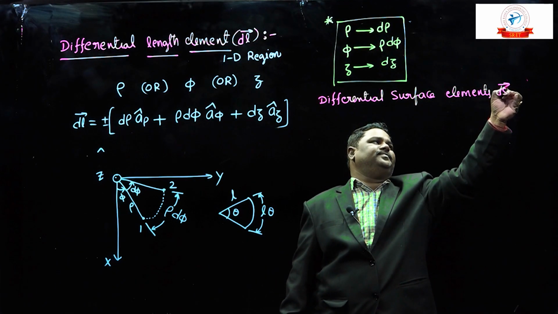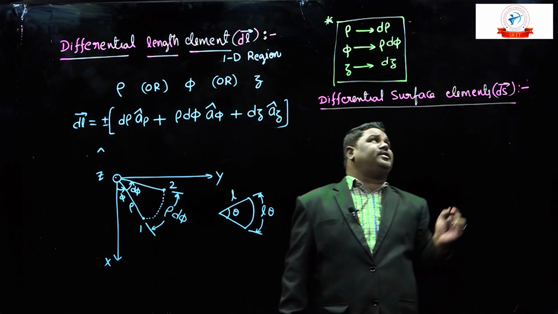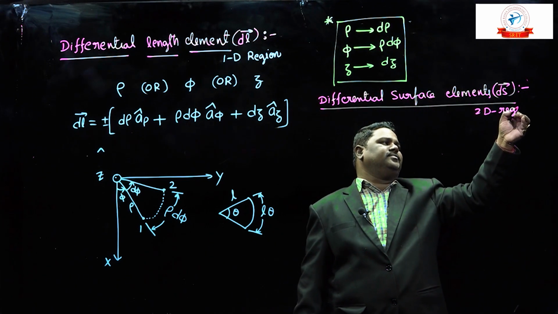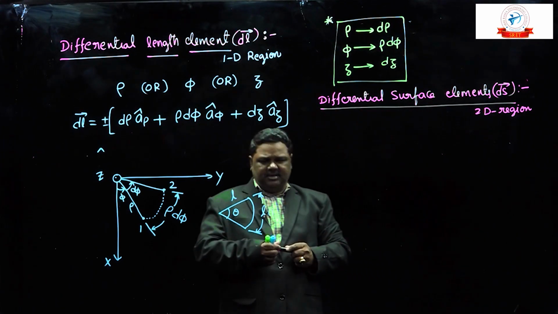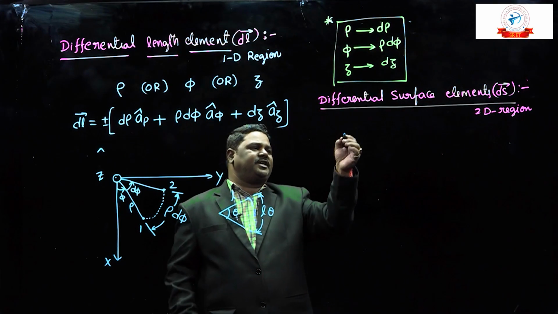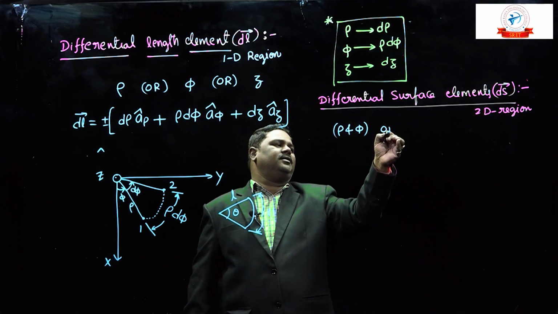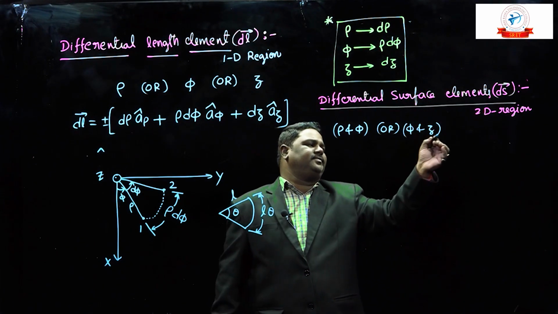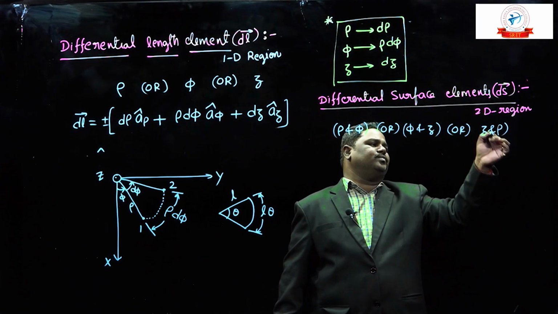We know that surface elements are two-dimensional regions. That means the surface must have two dimensions or should be constructed with two coordinates. So a surface will be constructed with a combination of rho and phi, or phi and z, or z and rho.